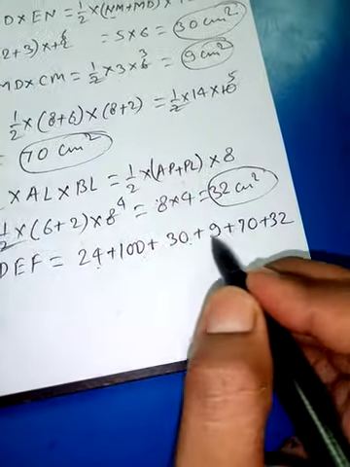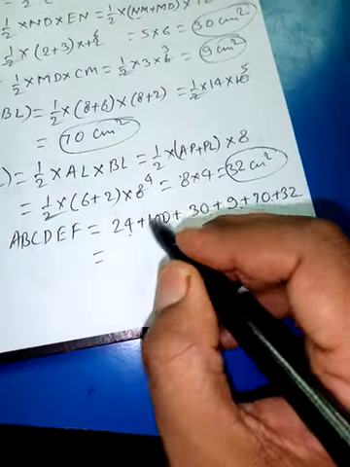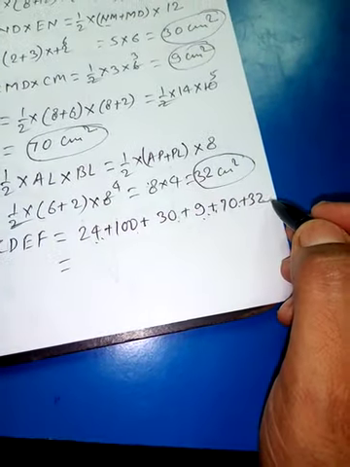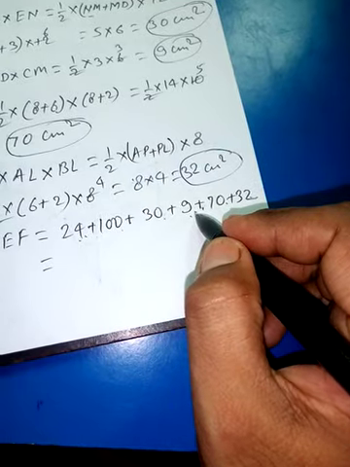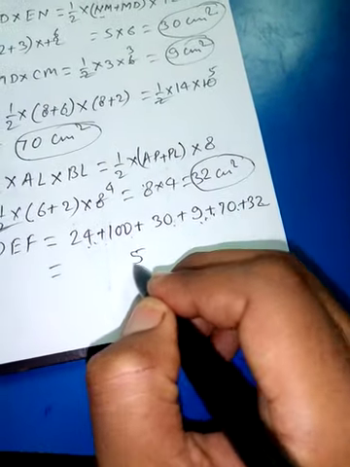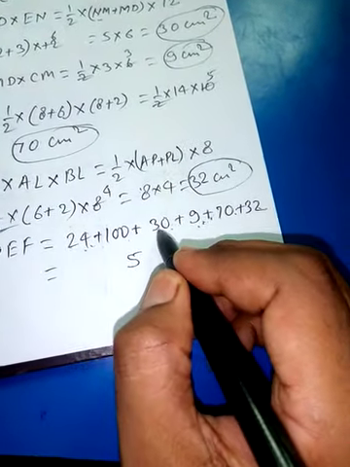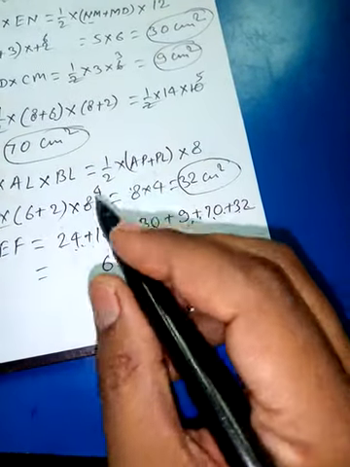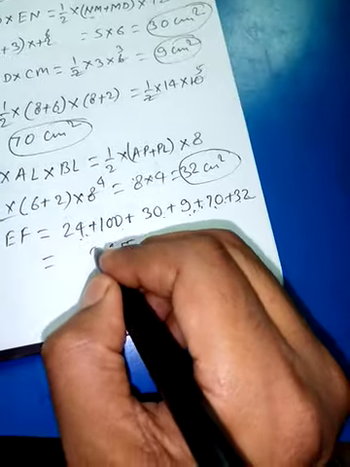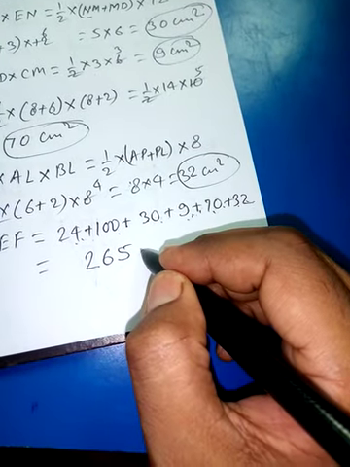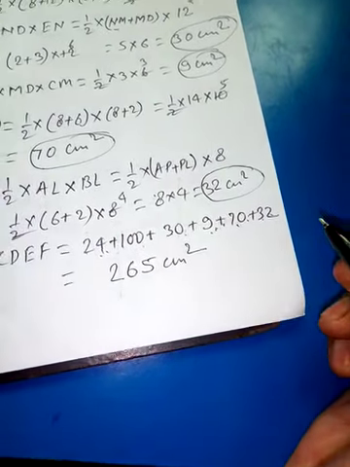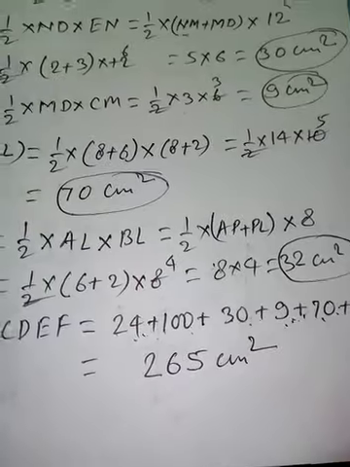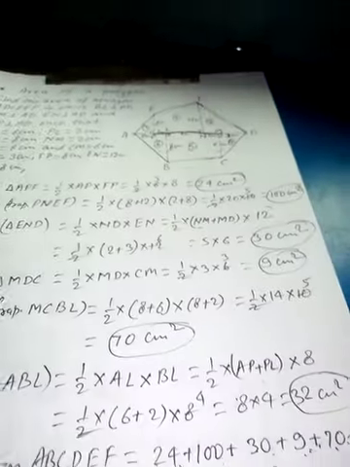Count 1, 2, 3, 4, 5, 6. So it will be 265 centimeter square.